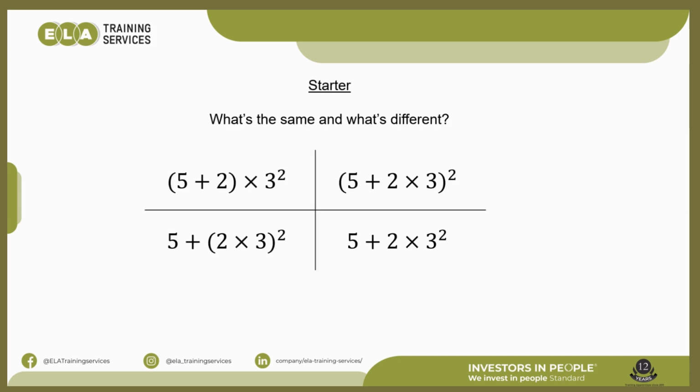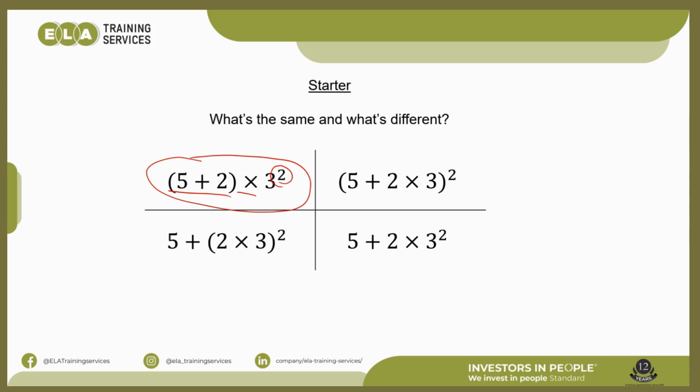As you can see, all the numbers are the same. They're in the same order and the same structure, but they're not in the same format. For example, here the question is split into a bracketed question, a multiplication, and up here, these are called indices or orders.